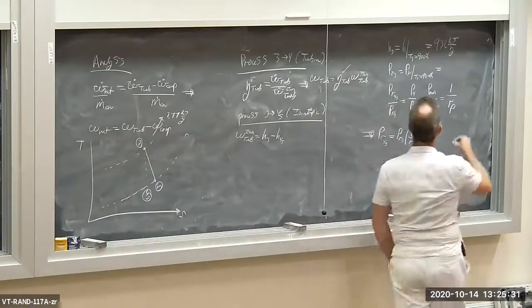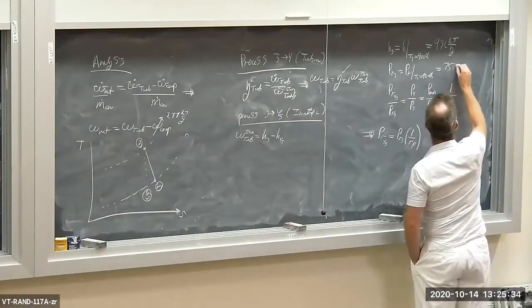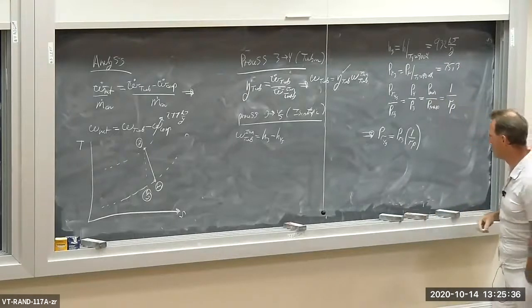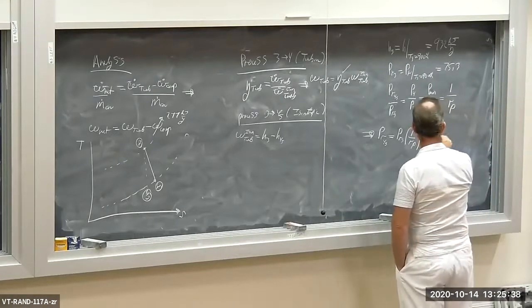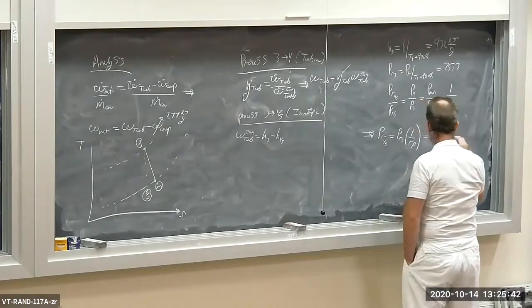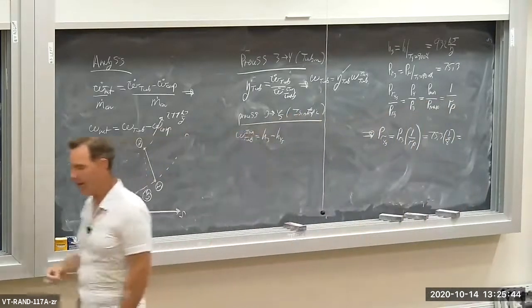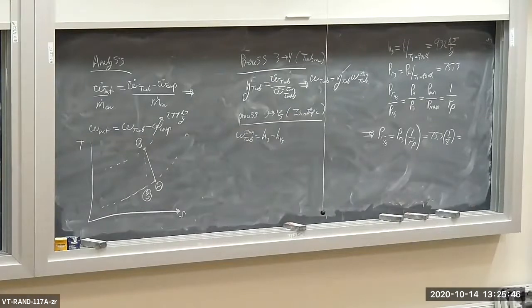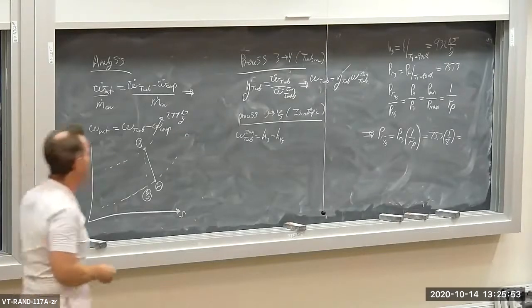And that's from a table. So I get 75.3 times 1 over 8. Let's divide that by 8, and I get PR4 is equal to 9.4.